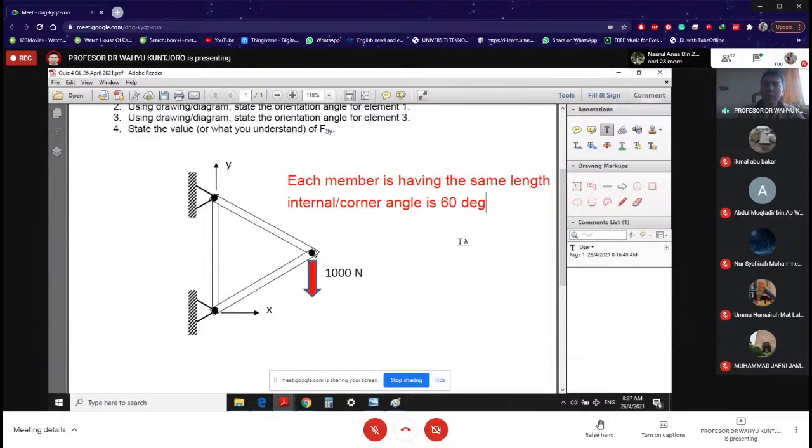the way you do the analysis calculation is going to be based on the orientation angle of the element. So if the way you answer is not based on the proper procedure of analysis based on the orientation angle, then whatever you do is wrong basically, because you make mistakes from the beginning.